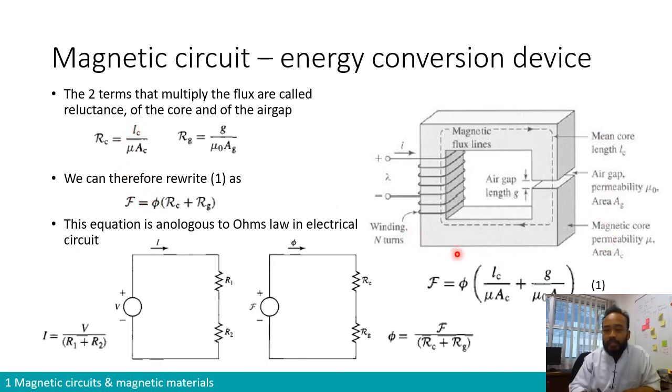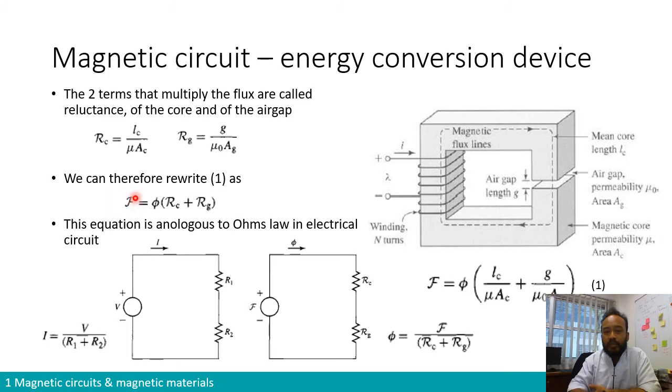Therefore, we can also write the equation by replacing the reluctance terms with just RC and RG. We can write the magnetomotive force F equals the flux multiplied by the sum of the reluctances. This is quite particular because it is very similar to what we have in an electrical circuit, where we have a certain force.